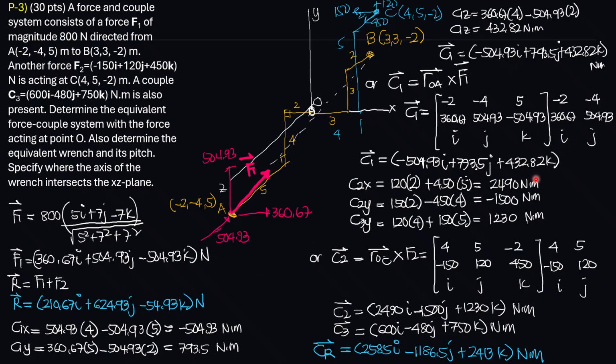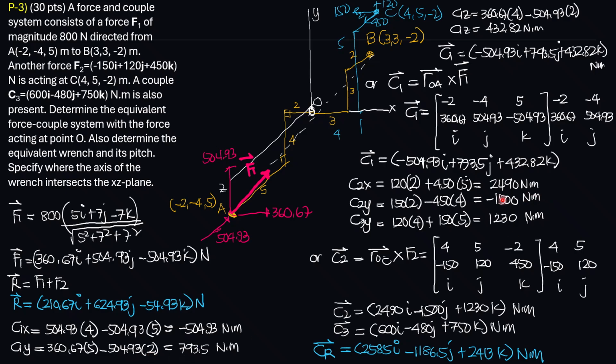Then minus this direction, 504.93 times 5, which is the same as that. So the answer is the same, negative 504.93i. For j, 360.67 times 5, which is this. Then minus, this is also positive, so minus in that direction, minus 504.93 times 2, which is that.